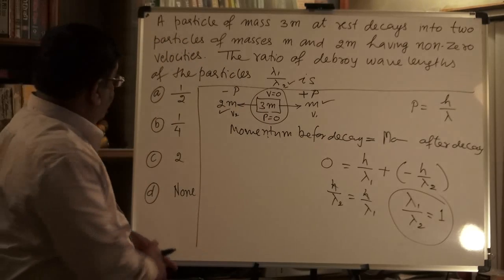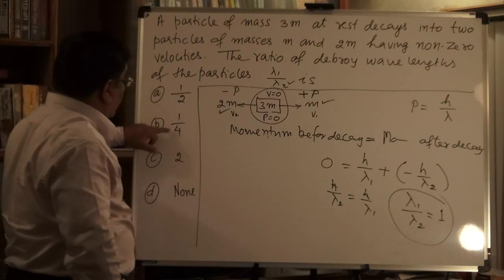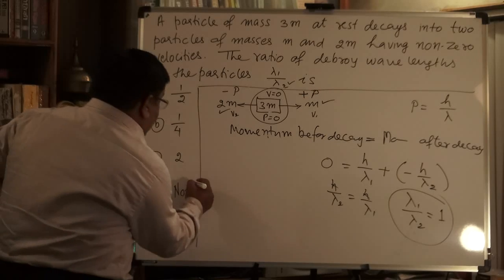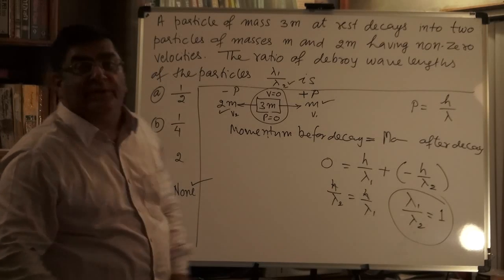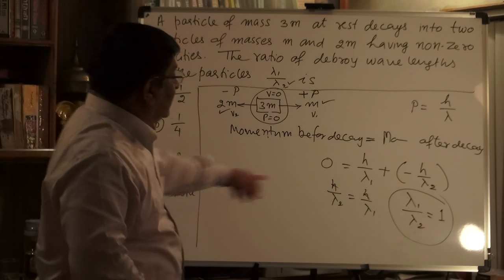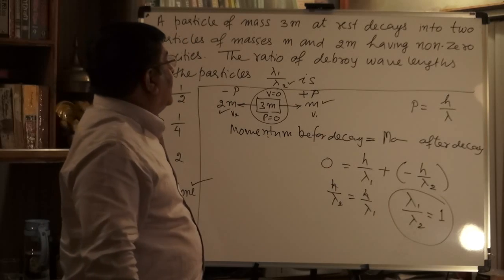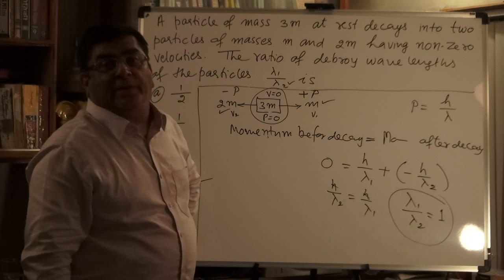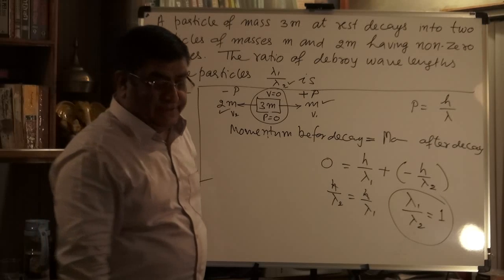Yes, this answer is correct. So half, 1/4, 2 and none. None is the right answer because lambda 1 is equal to lambda 2 for both of them, and this is perfectly correct.